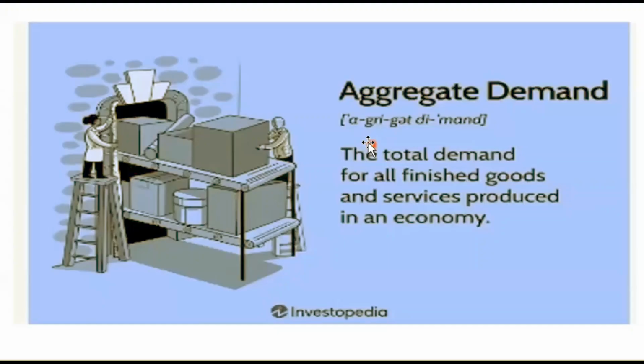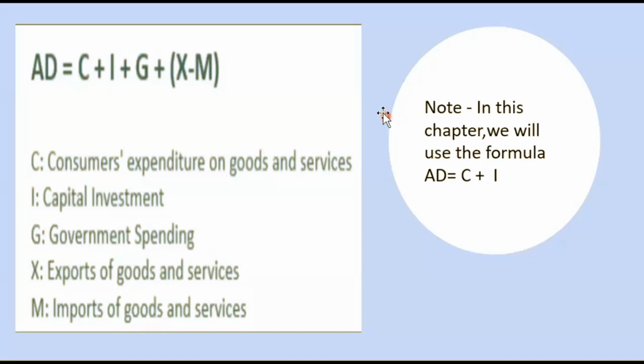Aggregate demand is the total demand of all finished goods and services produced in an economy during an accounting year. And aggregate demand is denoted with the letters capital A, capital D. We know that there are various economic models which exist, but children, in your syllabus, it is only two-sector economy.